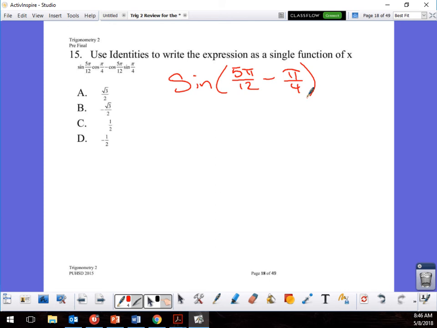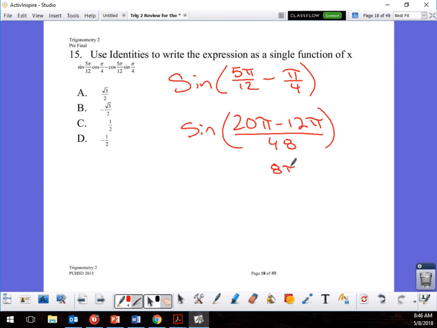Now we have to put those together. Let's do a little math here. I'm going to combine like terms, so it's 20 pi minus 12 pi over 48. That gives me 8 pi over 48, and 8 over 48 will reduce.